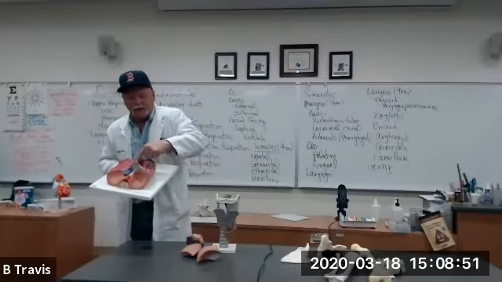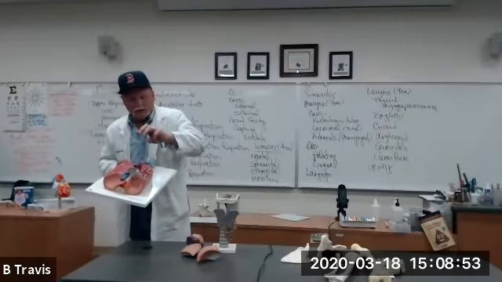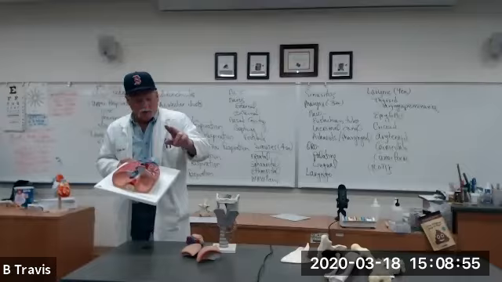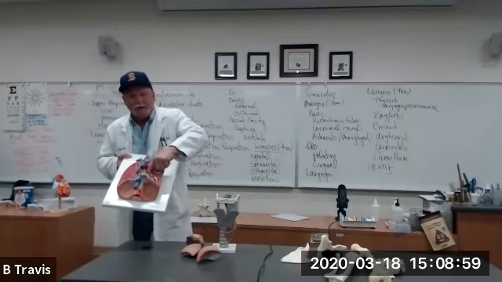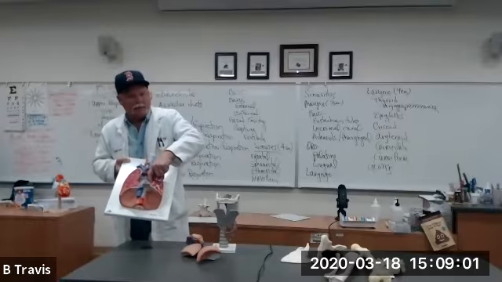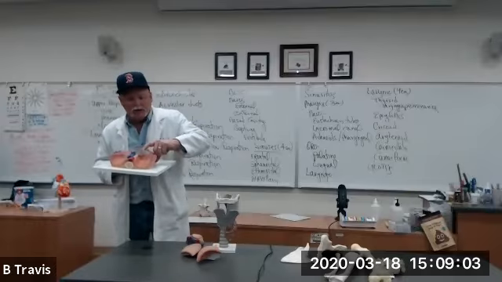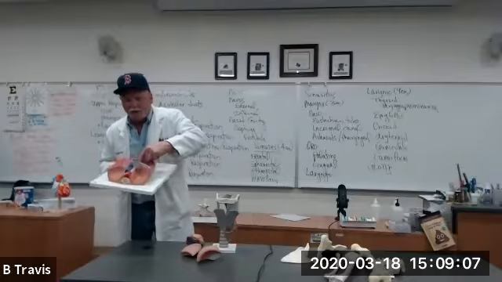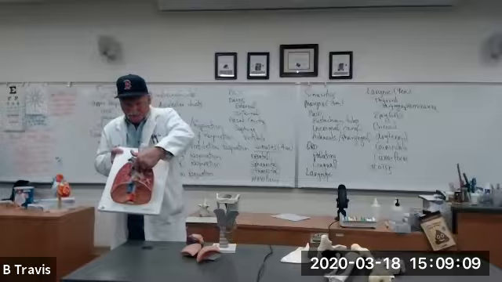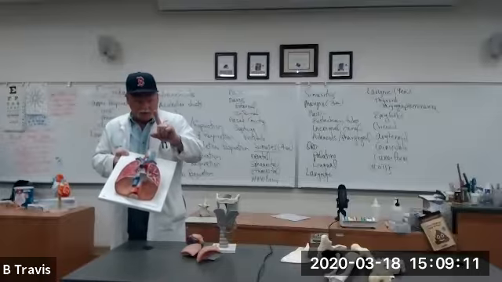That will subdivide. Right side, 3. Left side, 2. Right side lungs, 3 lobes. Left side, 2. So you can see, and these are called secondary bronchi. The secondary bronchi, there's 2 on the left side, 3 on the right. When they first branch from the trachea, it's called primary bronchi.